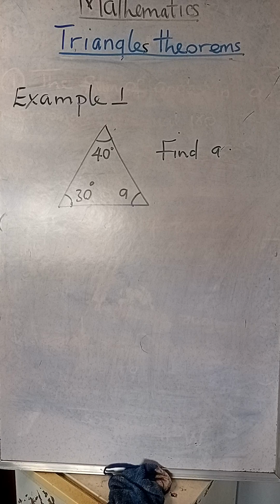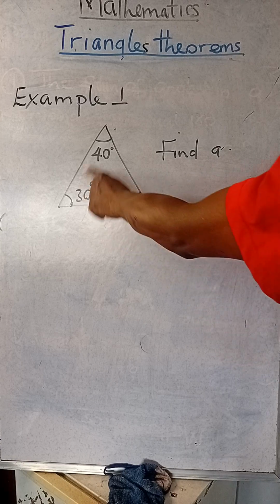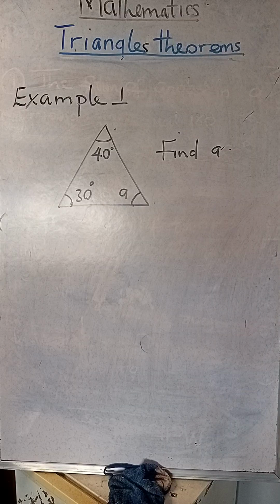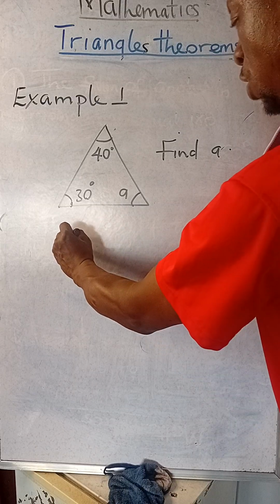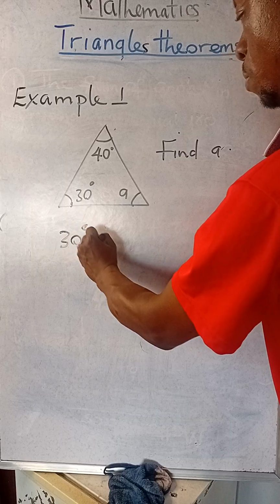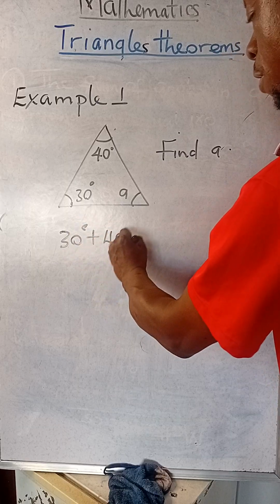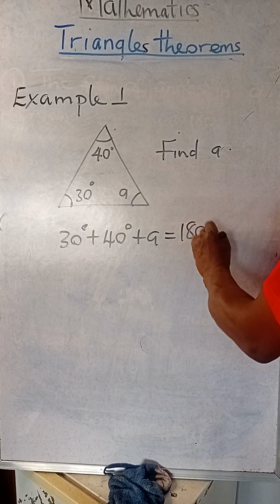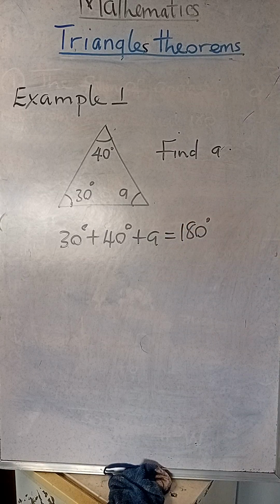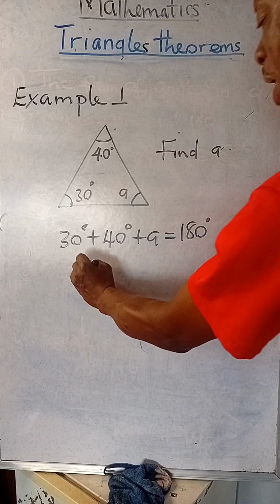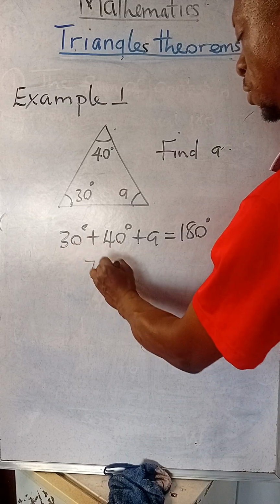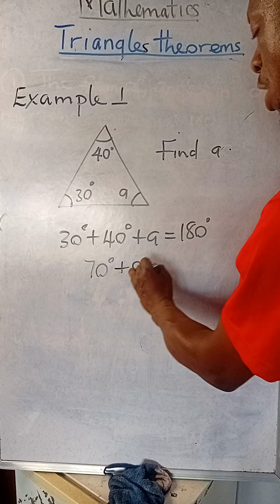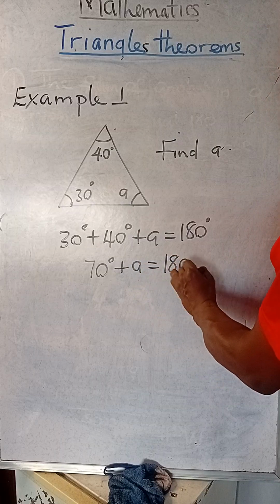To find A, knowing what the theorem states, that the sum of angles in a triangle equals 180, that means we say 30 plus 40 plus A gives us 180 degrees, following the first theorem that we stated. So we'll add these two up. That will give us 70 degrees plus A equals 180.